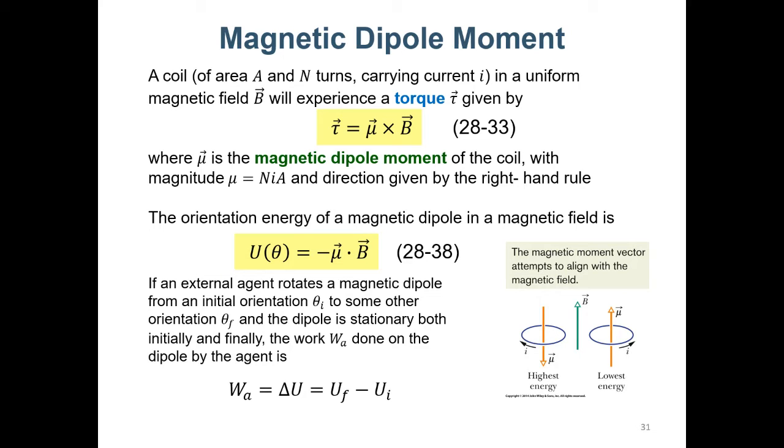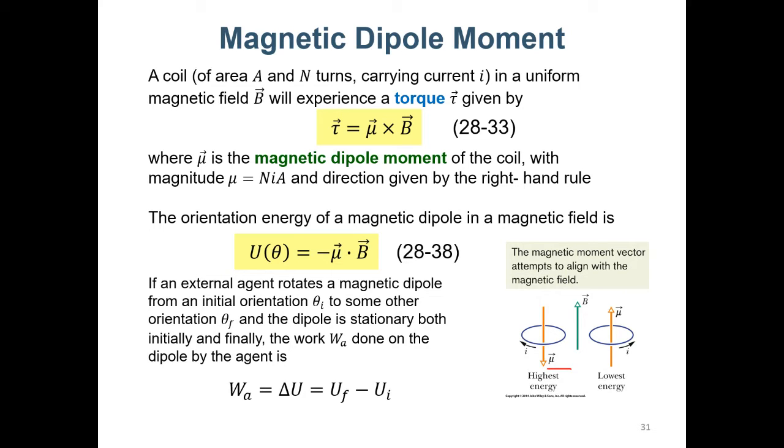And a magnetic dipole can be formed by a coil, a loop, a current loop. So for a current loop, we will have a magnetic dipole moment.